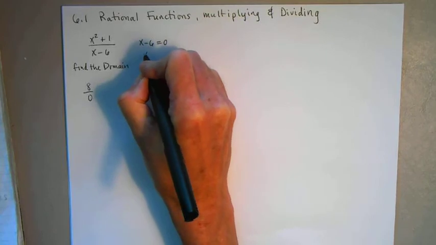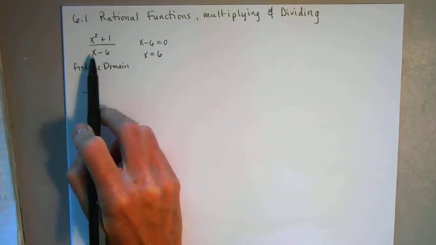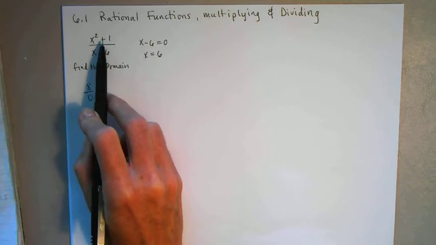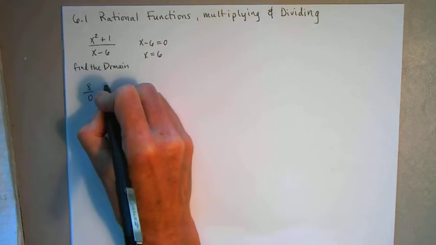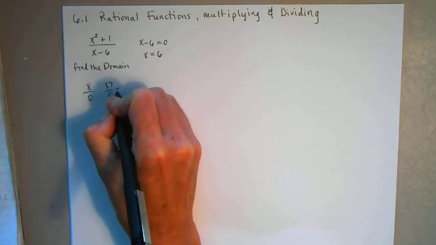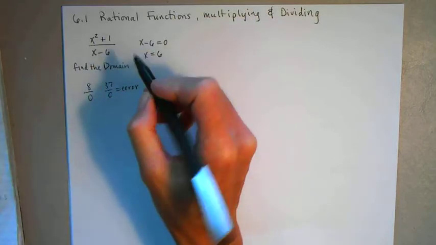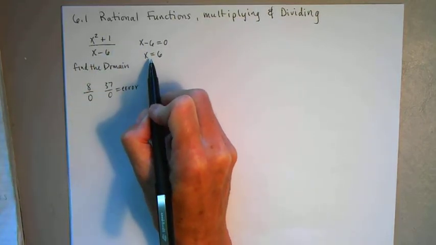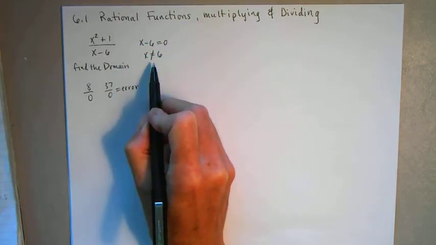So I'll add 6 to both sides. If x equals 6, you would have 36 plus 1, so 37 divided by 0, and your calculator can't do it. So what we need to tell them is that every x value works except x cannot equal 6.